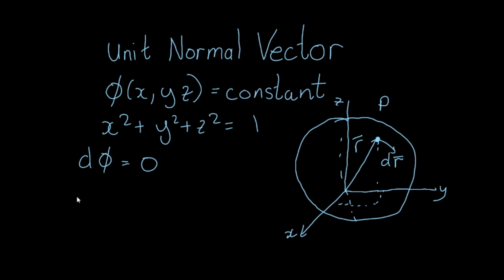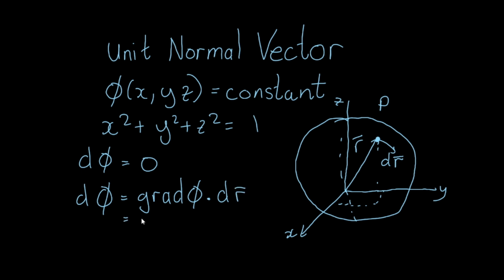We saw in the last video that a differential change in a function may be represented by the gradient vector of that function, taking the dot product with the differential change in this other vector.